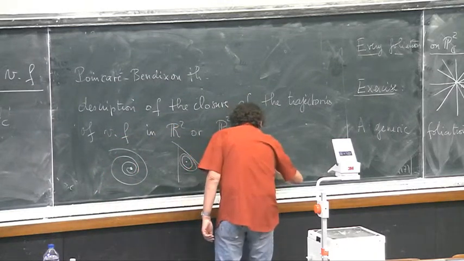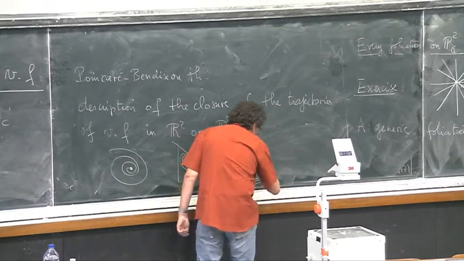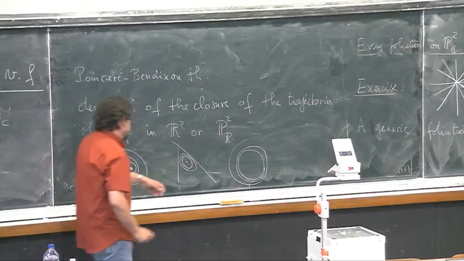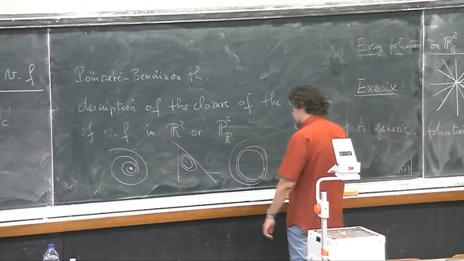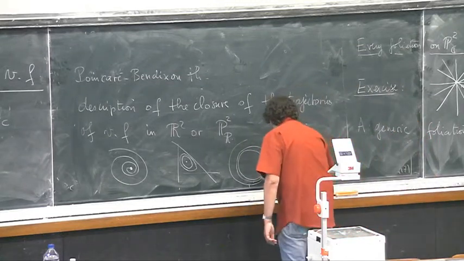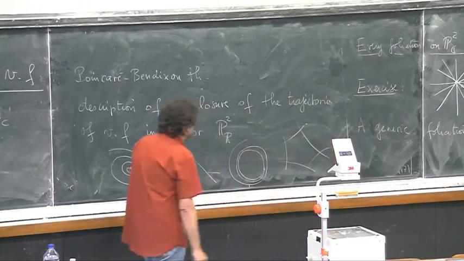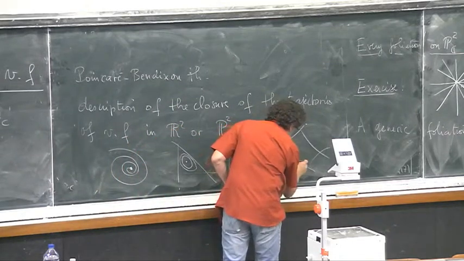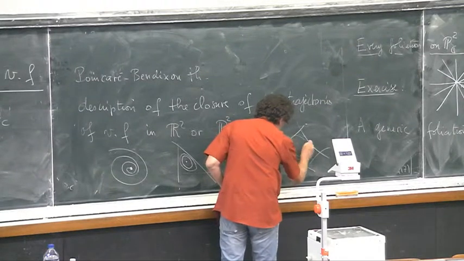It means you have, for example, something like a circle, and the other trajectories spiral around the circle, and there are some polycycles, which are unions of trajectories, and it's possible that you have something like this.